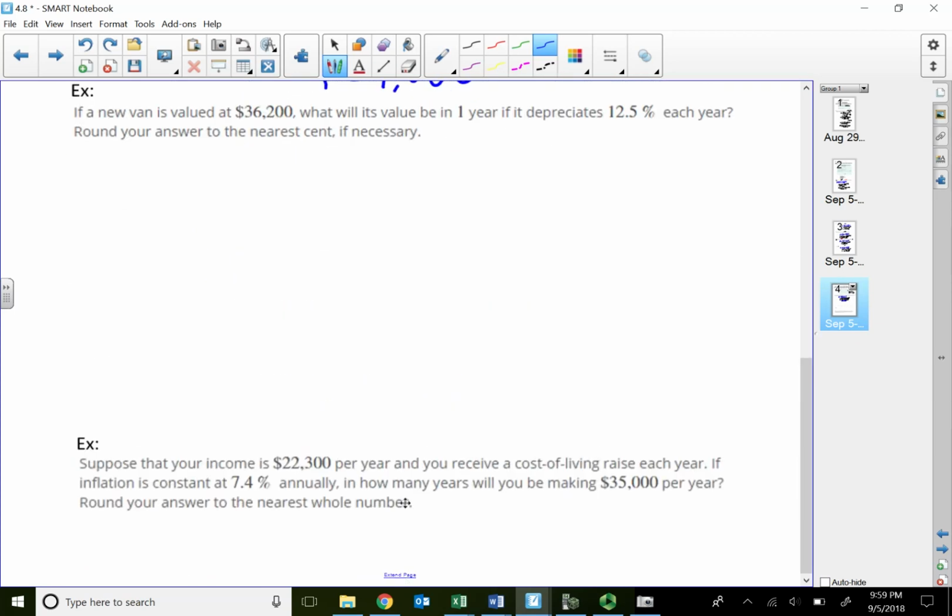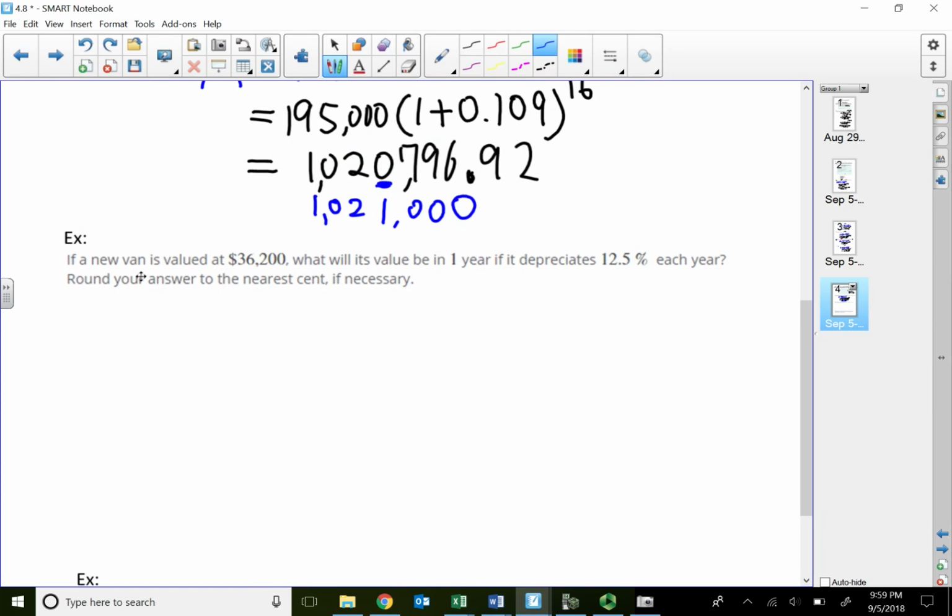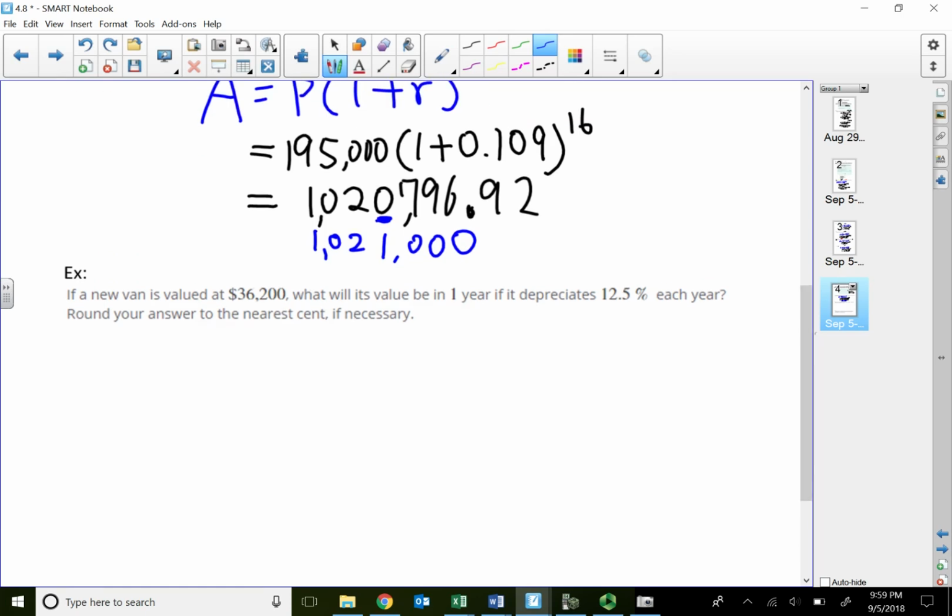All right, let's take a look at a couple more. Depreciation. Okay, we talked about a car using a car example in the last lecture video. So a brand new van is valued at $36,200. What will its value be in 1 year if you depreciate at 12.5% each year? So when you see the word depreciation, you think about the same modified compound interest formula, except it's 1 minus the interest rate raised to the t power.